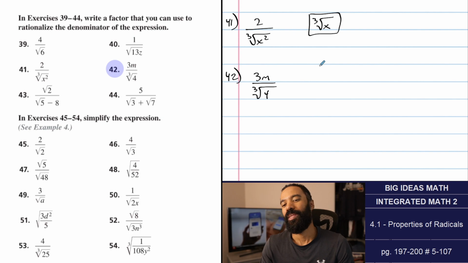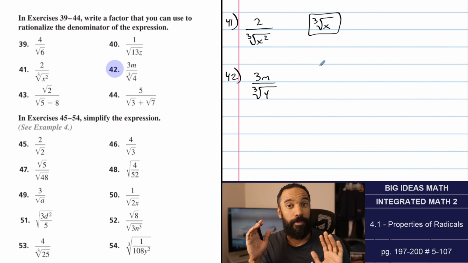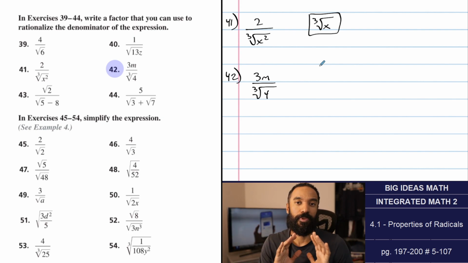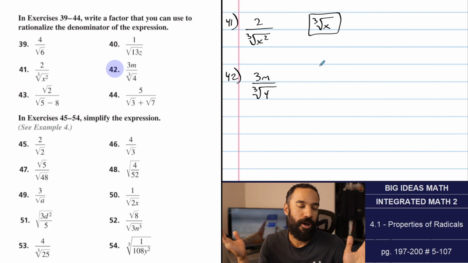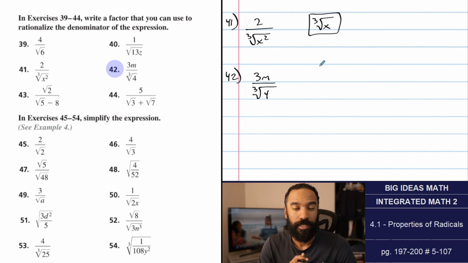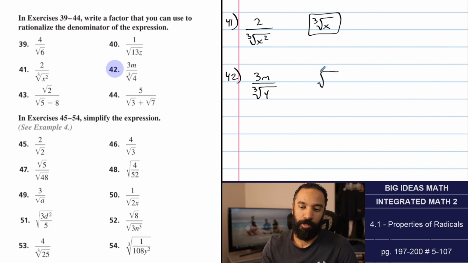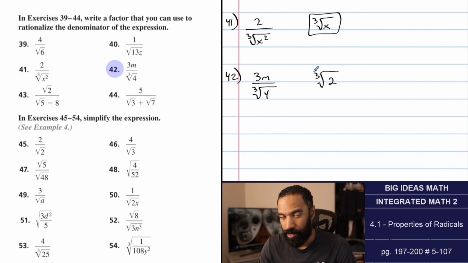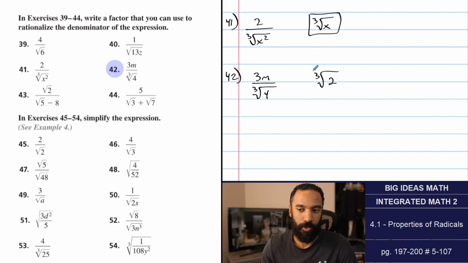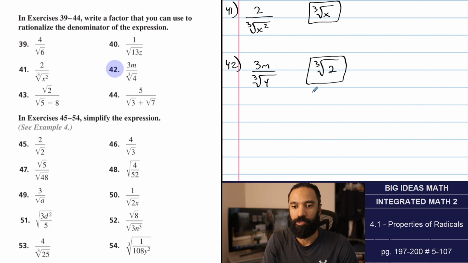It's not going to be cube root of 4. I need to multiply by something that's going to net me a perfect cube inside there, and the smallest one possible. In this case, 8. I can multiply top and bottom by the cube root of 2. Cube root of 4 times cube root of 2 is cube root of 8, which gets us 2. And that's what's going to work there. So cube root of 2 is totally fine.